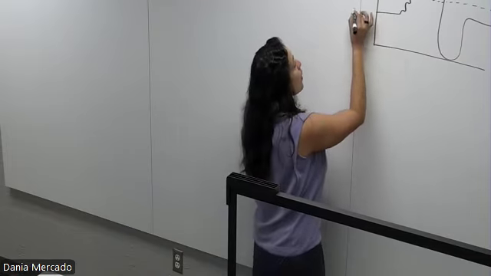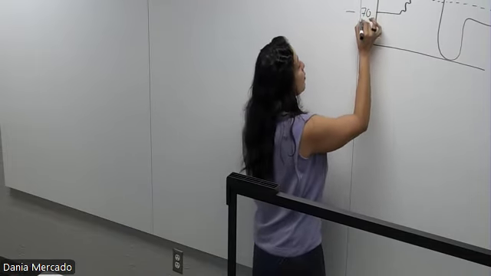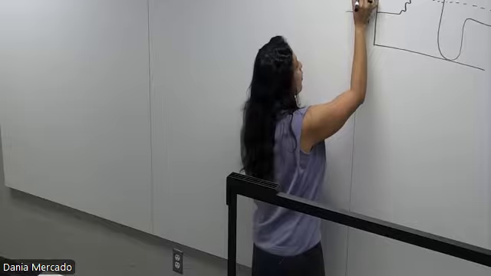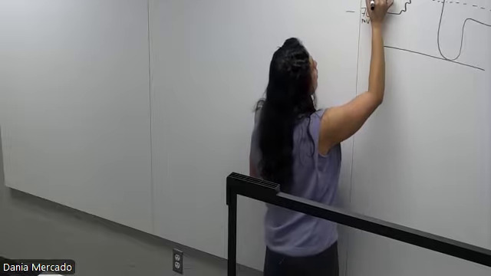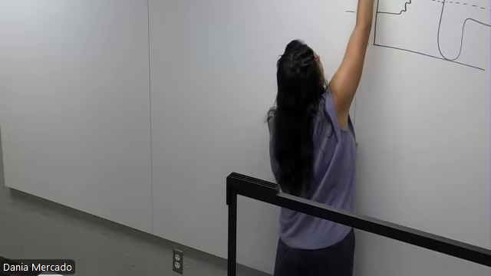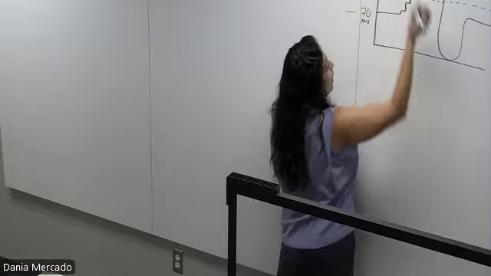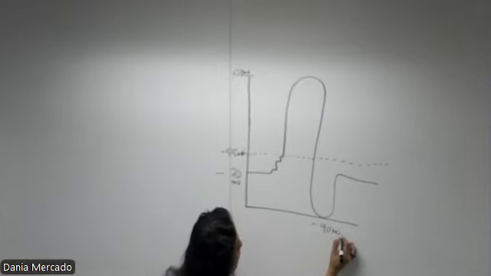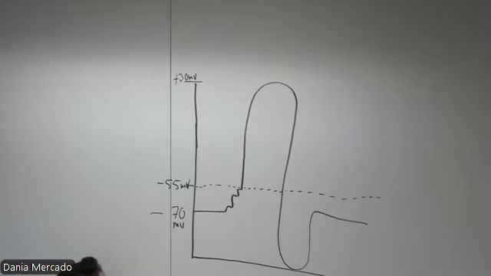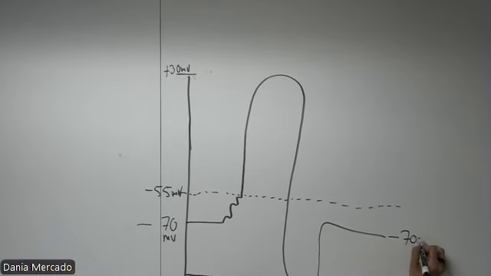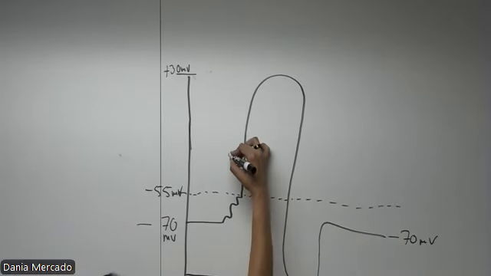Okay, so right here, we're going to put the charges, right? -70, -55 millivolts, and then at the top here, +30 millivolts, and down here, -90 millivolts. We're talking about the action potential, the depolarization of the membrane, right? So we're going to write things down.